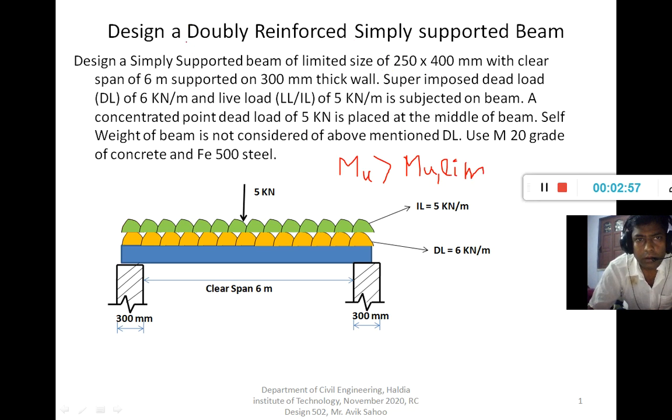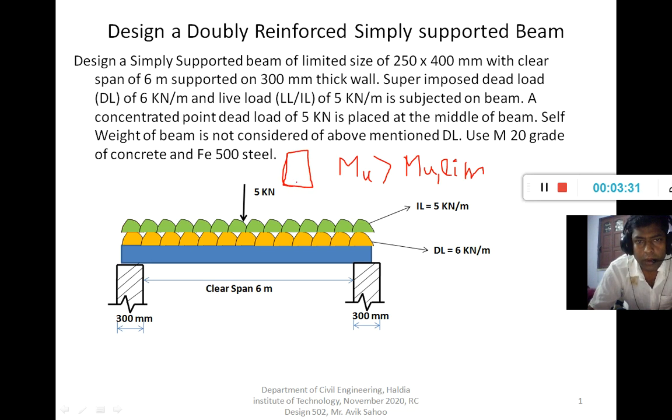And here basically we apply more steel in the tensile zone, and also we apply steel in the compressive zone. When we apply more steel, then the strength of the given section is increased.